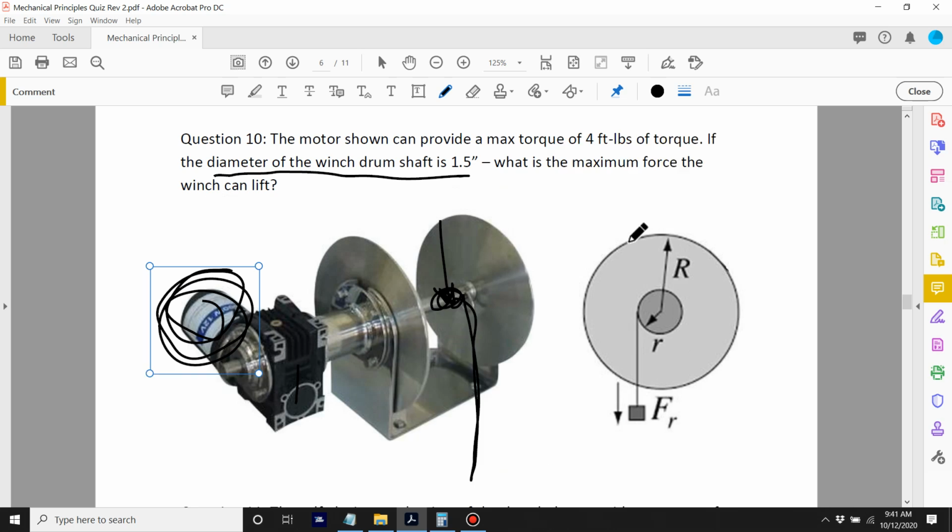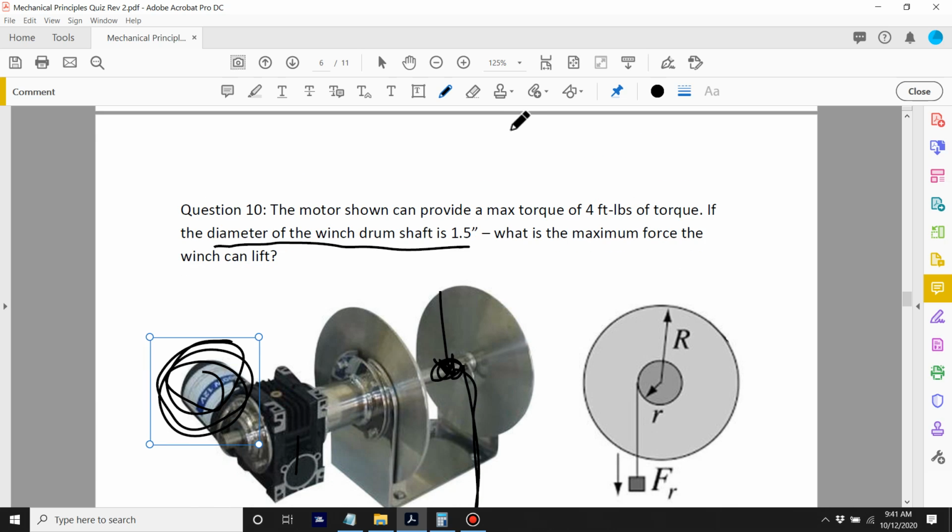So where am I going to write this down? We're going to write down torque is equal to force times distance. The torque in this example is 4 foot-pounds. We want to find out how much force this bad boy can lift.